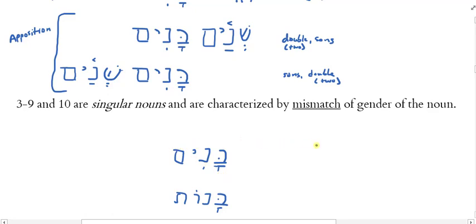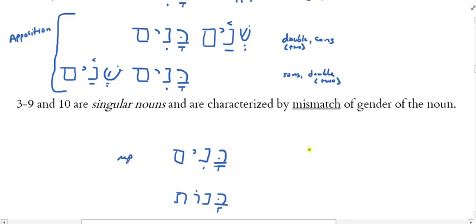What if I want to say 3 sons? Is the number 3 between 3 and 10? Yes. Then Hebrew is committed to confusing you here. Even though banim is masculine plural, I've got to use which form of 3?